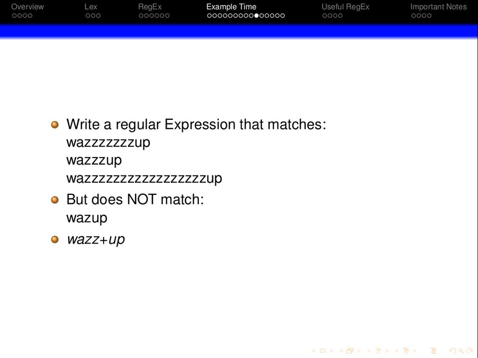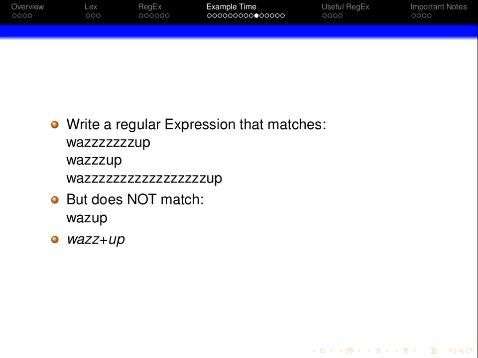As long as it has two Z's, so it doesn't match the single Z one, and then plus is one or more of the preceding, the single Z. I didn't put any in brackets because it's not needed. It's two Z's, and remember the second Z is one or more.